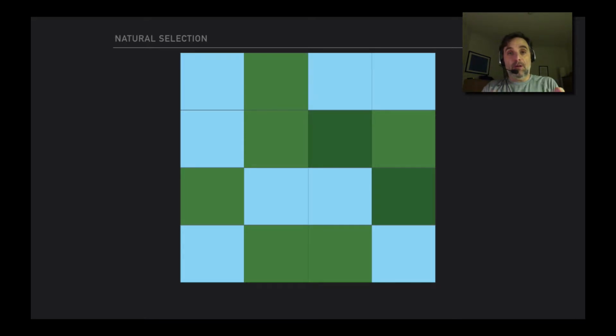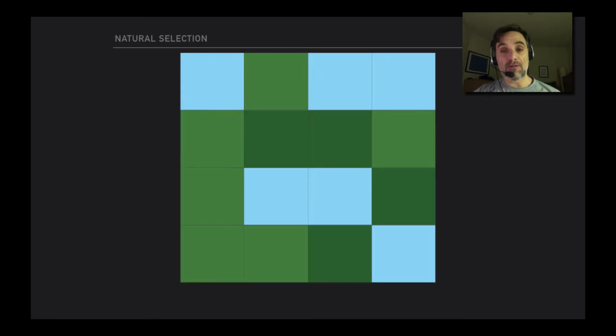But then some of these organisms start to develop mutations, and some of them have a cupped eye spot, so there's an indentation where the photoreceptors are. And these ones survive even better, and so there are more of them in the next generation. So now there are more and more of them with photoreceptors at all, and some of them have mutated to have the curved surface, and those ones are even more likely to survive.